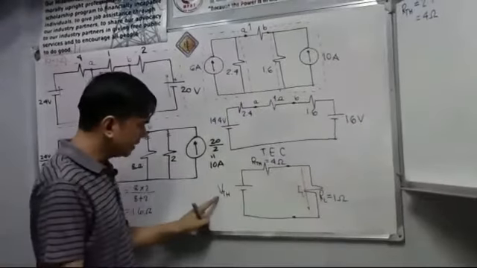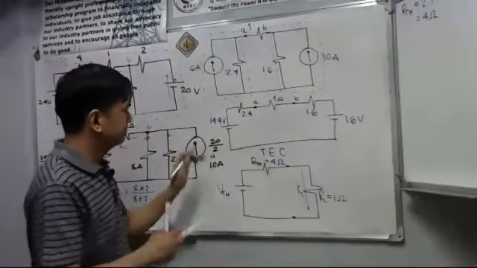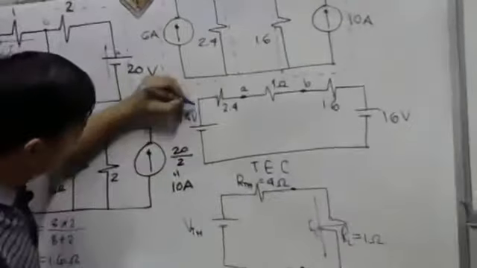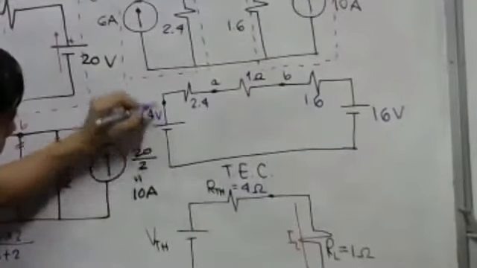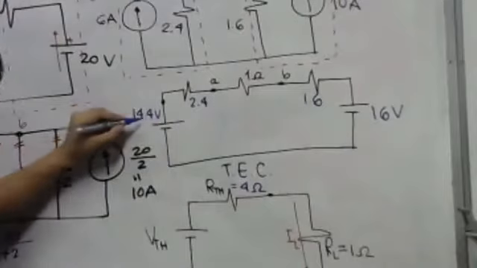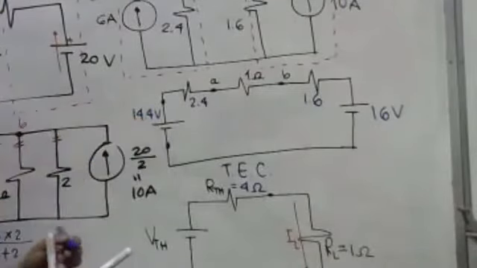What about now for the Thevenin's voltage? Take a look here again. Let's say I will put a terminal here. This is the positive terminal connected to the positive of 14.4 volts. Then we have the negative terminal somewhere here.